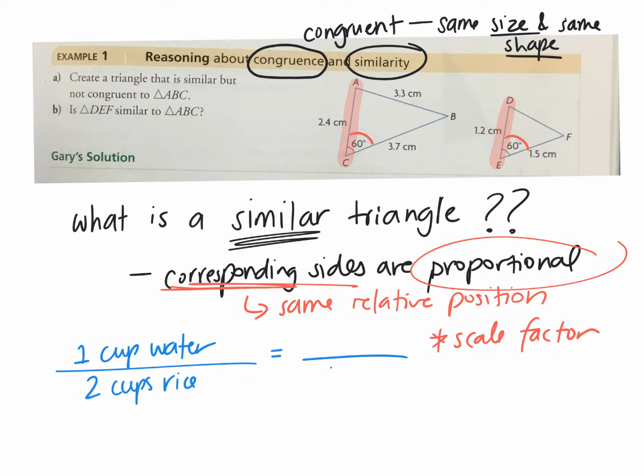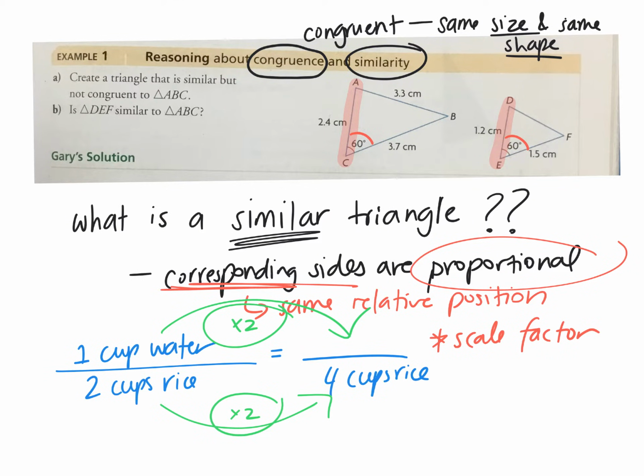If I want to make 4 cups of rice, you could figure out the scale factor. How do I get from 2 cups of rice to 4 cups of rice? Multiply by 2. Do you remember this from elementary school? So what would I have to do with the water? Multiply by 2. That's the scale factor. So I would need 2 cups of water.